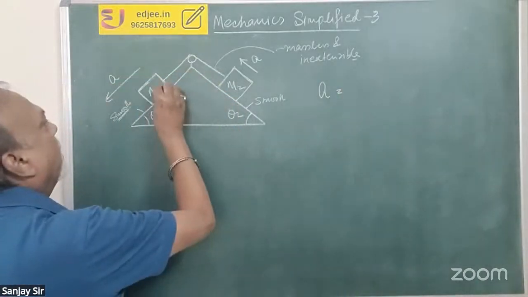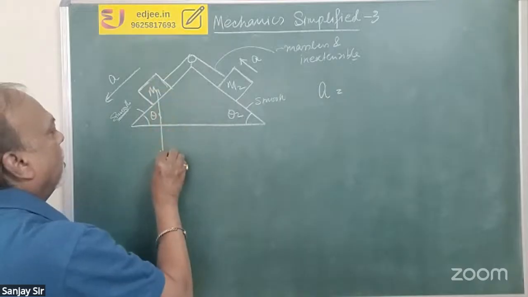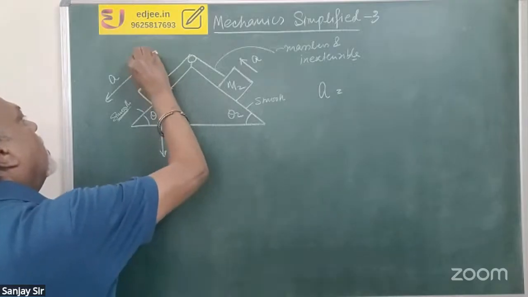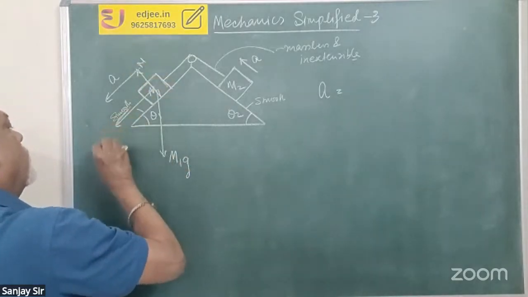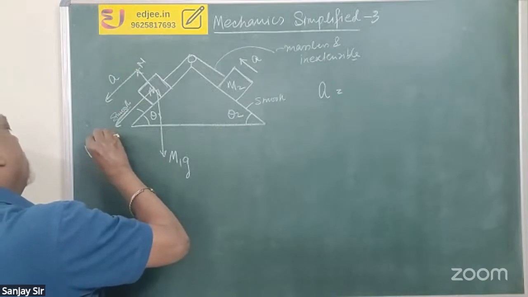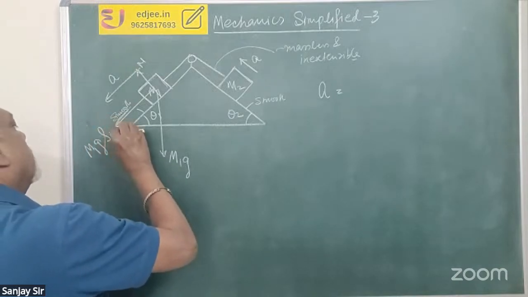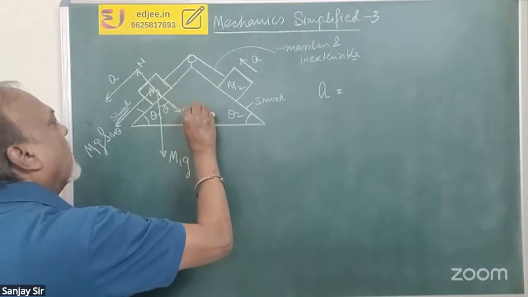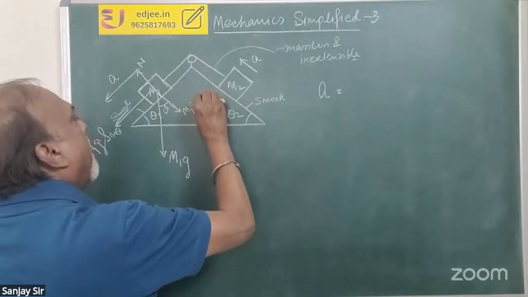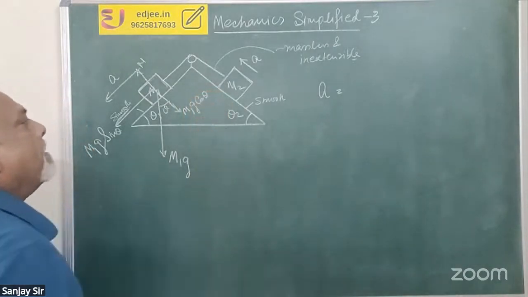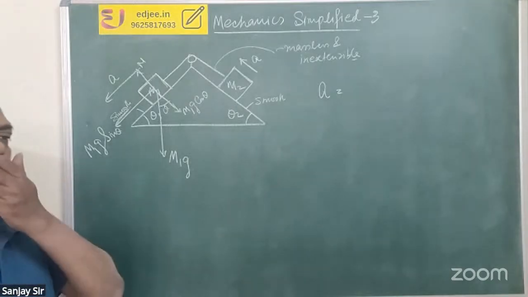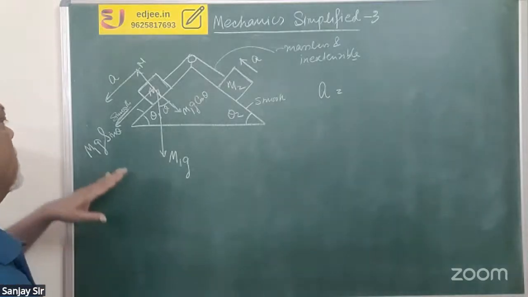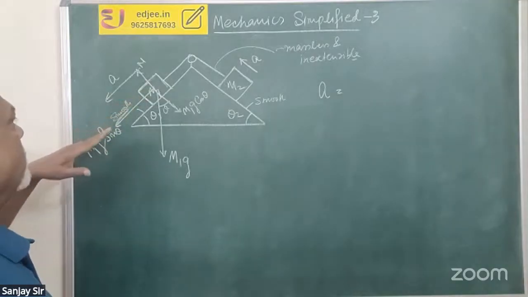Suppose the downward force is M1 G sine theta, because this angle is theta. This block is moving in this direction.